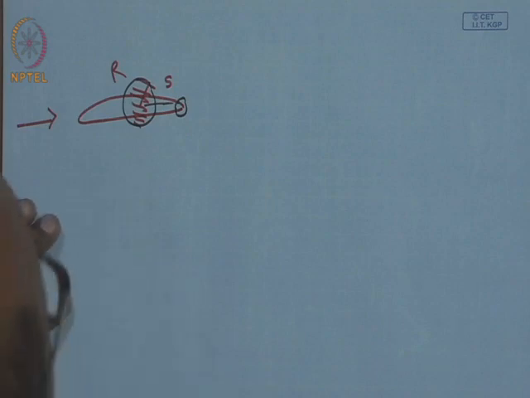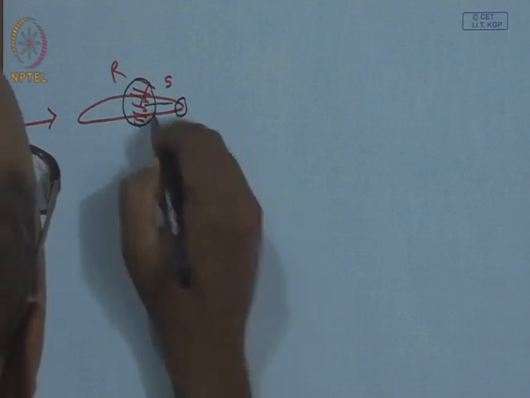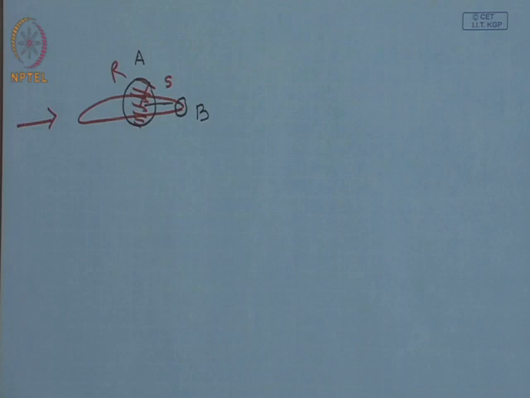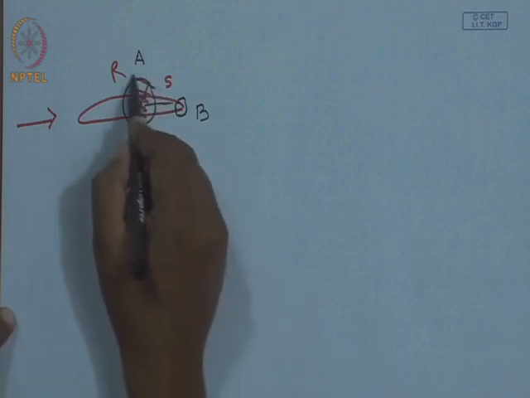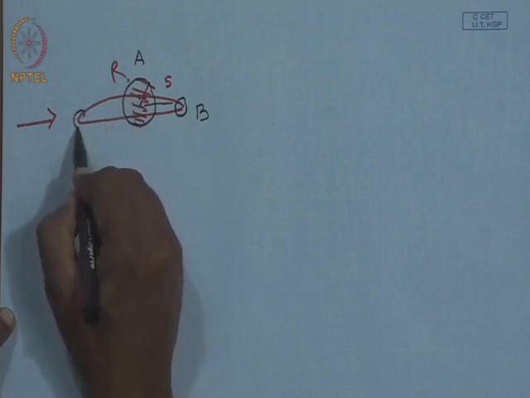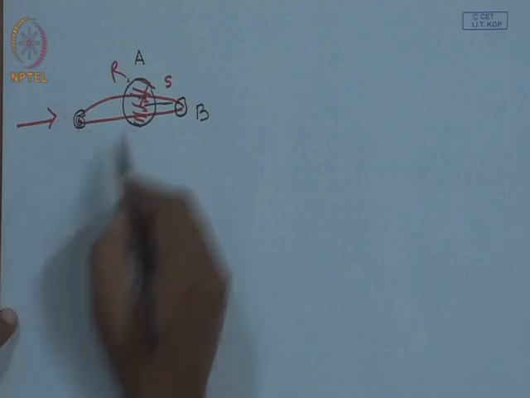Let us call the big star A and the small one B. When B is behind A, it is completely eclipsed, and then it comes around and you can see both the stars, and then B comes in front and it obscures a part of A, and then again it moves out.